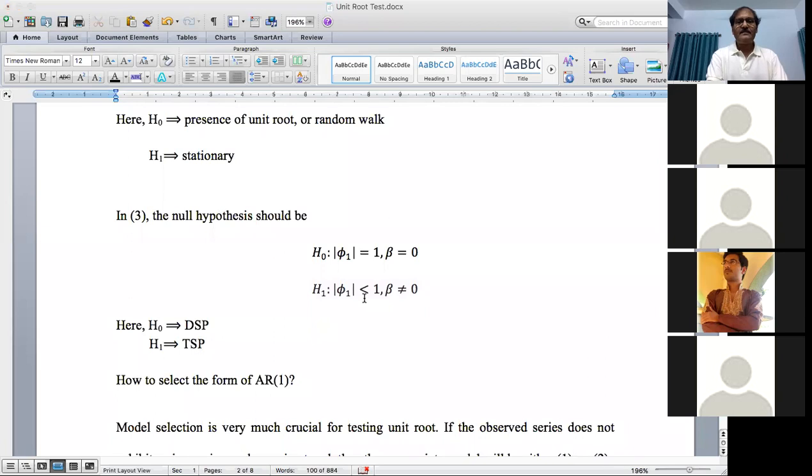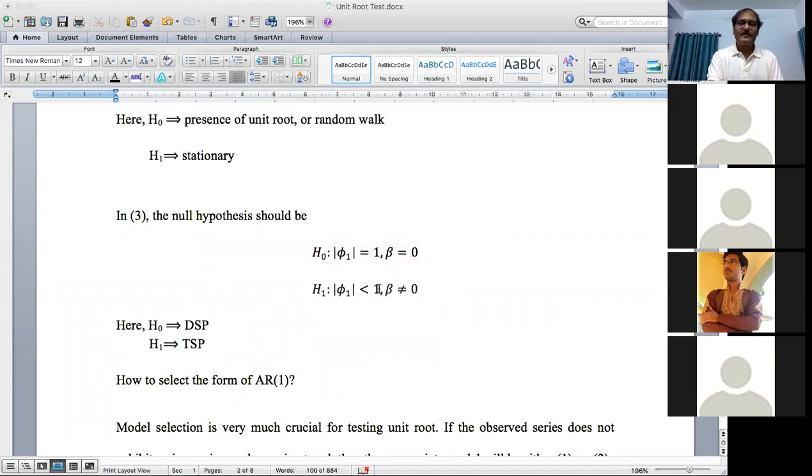On the other hand, in the alternative, phi 1 less than 1 and beta not equal to 0. Phi 1 less than 1 means no unit root. Phi 1 equal to 1 means unit root. So there are two parameters in this test, one relating to unit root, another relating to the deterministic trend. In the null hypothesis, we have considered presence of unit root and no deterministic trend.